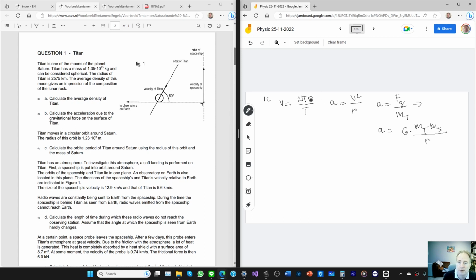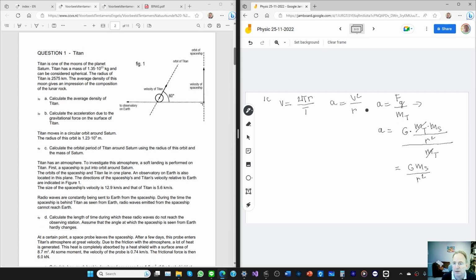Again, this is the radius of the orbit of Titan around Saturn. I have to square this. And then I need to divide by the mass of Titan. So as usual, this acceleration doesn't depend on the mass of the object. So this drops. So this is just G times the mass of Saturn divided by the orbital radius squared.